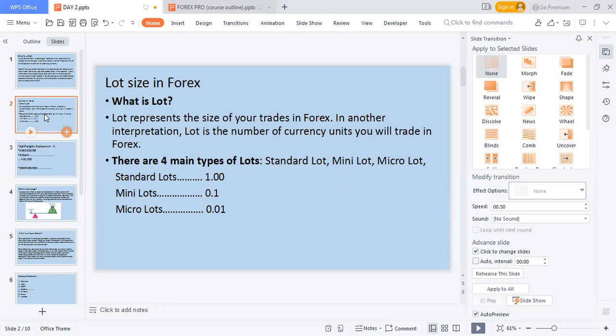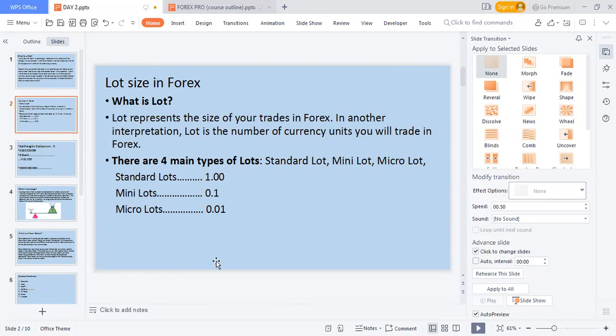Because of greed and increment, the person will now go and use a lot size of 0.1. So you know what that means? That means you are using a $1,000 account to trade on a $100 account, which is very, very risky. Are you with me? So that's one thing about lot size.